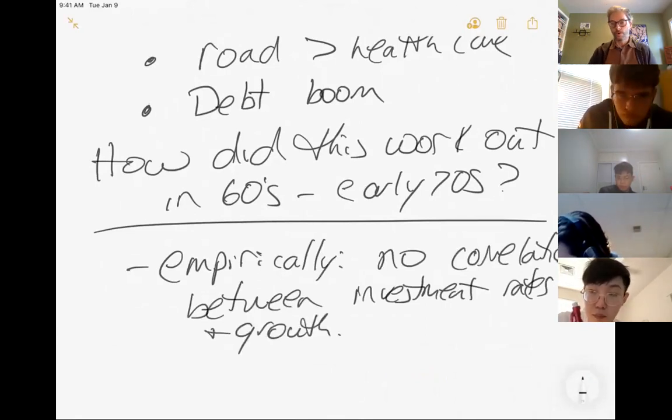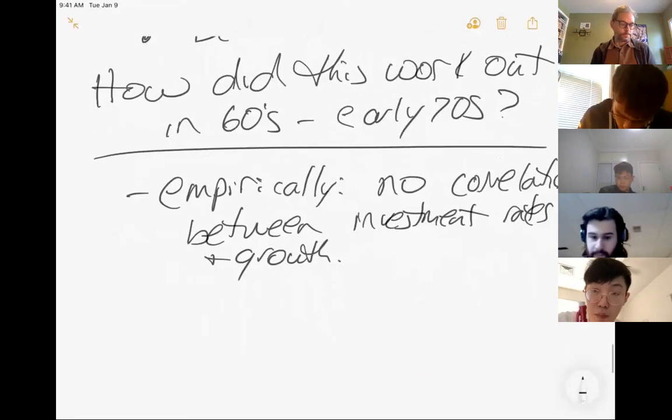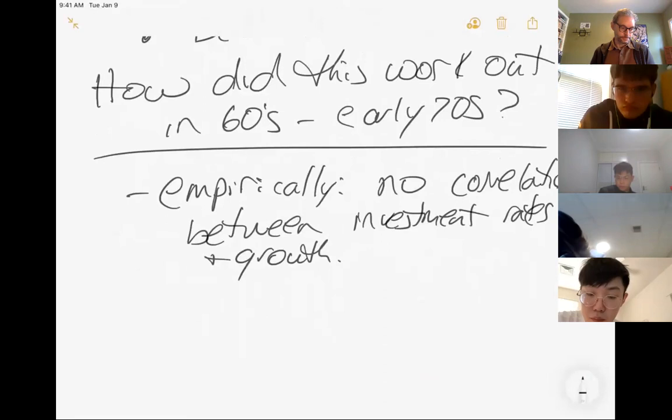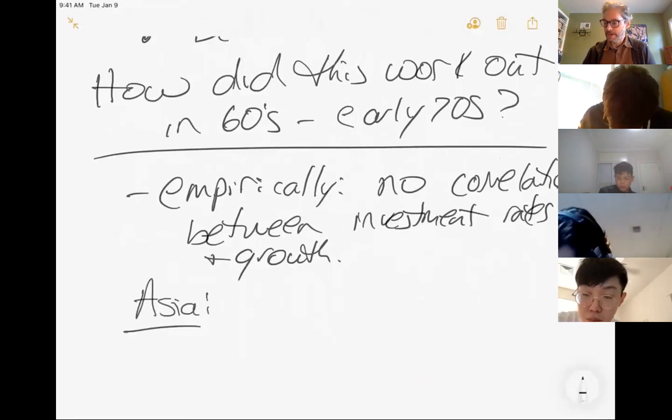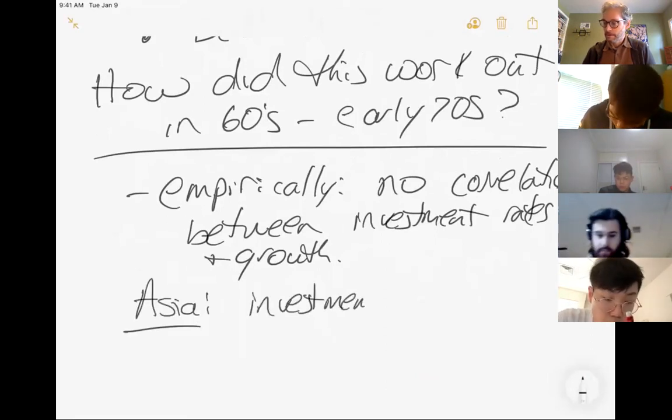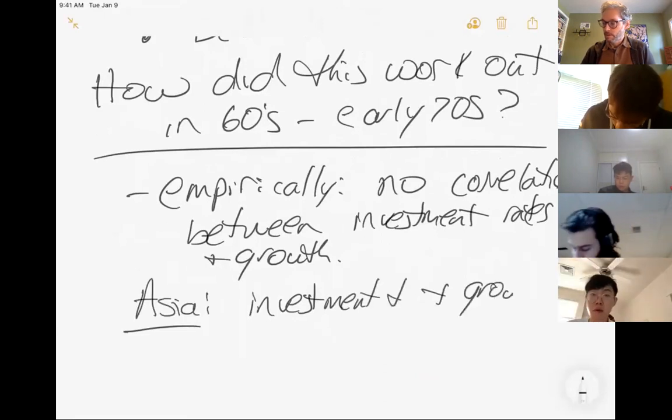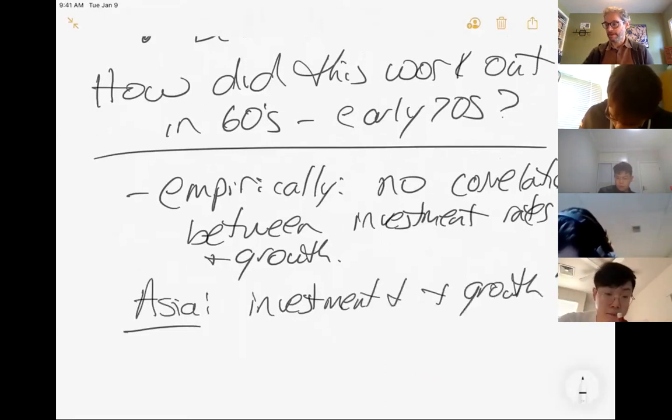There is no correlation between investment rates and growth. In fact, if you look at Asia, one of the things that we see in Asia was that investment went down and growth went up during this period.